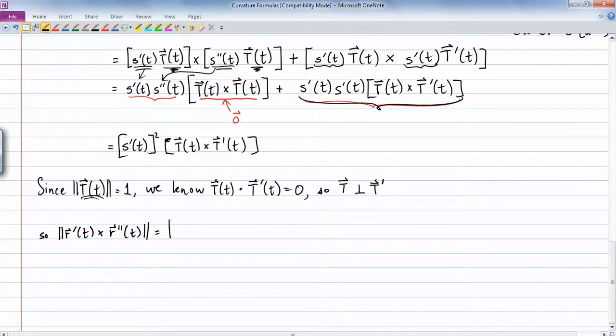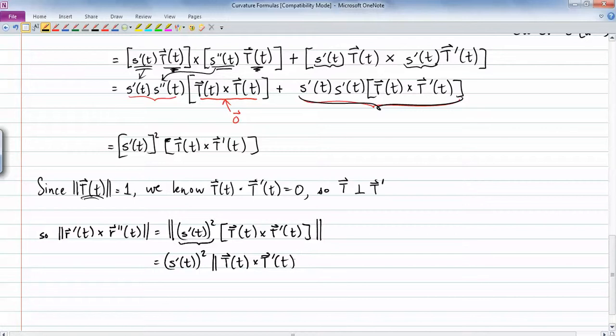That's going to be the magnitude of s'(t) squared, and then T(t) cross T'(t). This part works as a scalar, so I can pull that out of the magnitude part. And then this is a cross product, but it's the magnitude of a cross product.